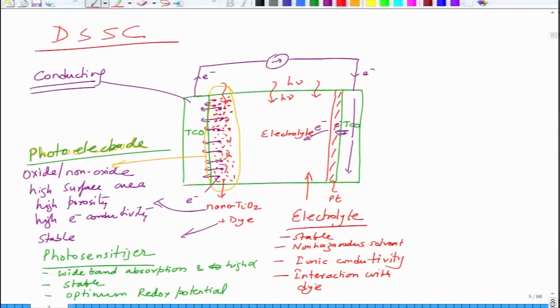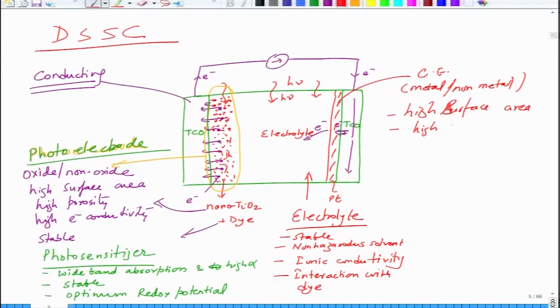Then we have this counter electrode, which could be a metal or non-metal. It should have high surface area, and it should have high catalytic activity, and that is why platinum is preferred.